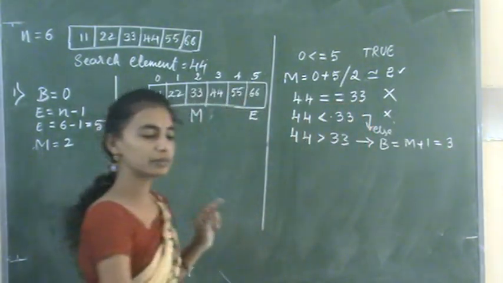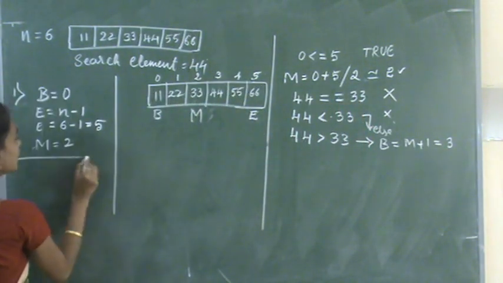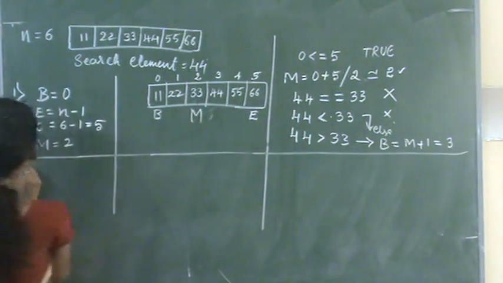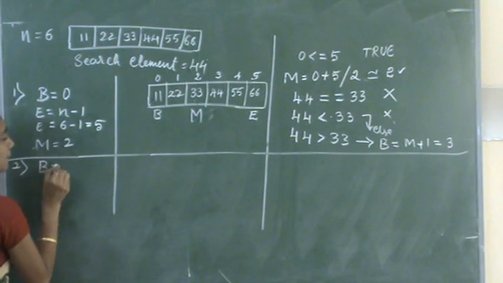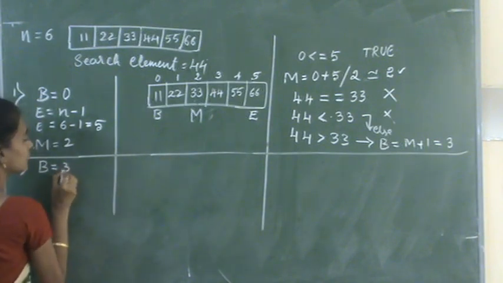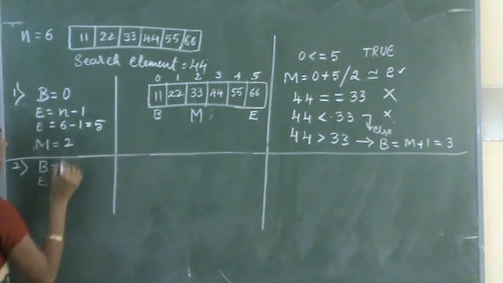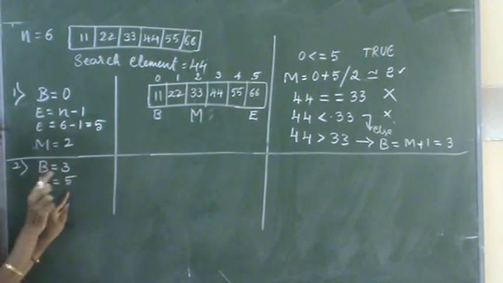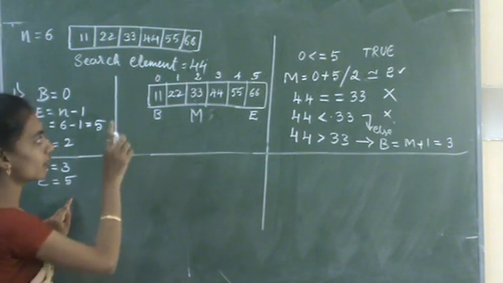So now the beginning becomes 3. For the next step, the array changes to beginning equals 3, and end stays as it is, n minus 1, which is 5. So we are changing only the beginning of the array.